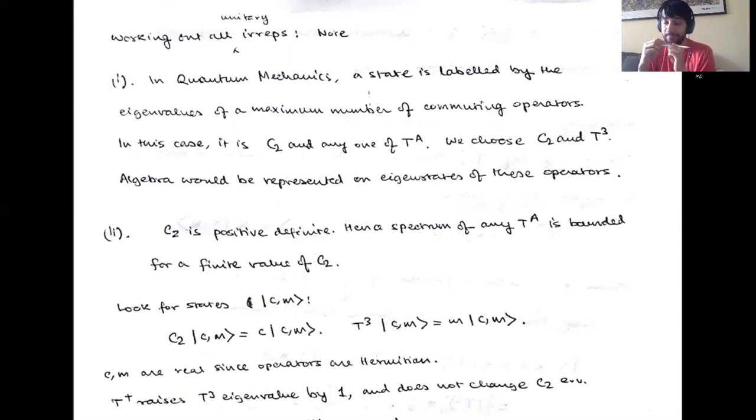In this case, this is going to be C2 and any one of the T_A's. As you will remember, this is J squared and J3, so we just call these C2 and T3 here.